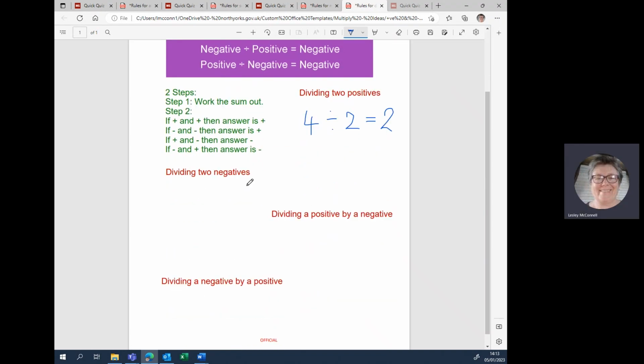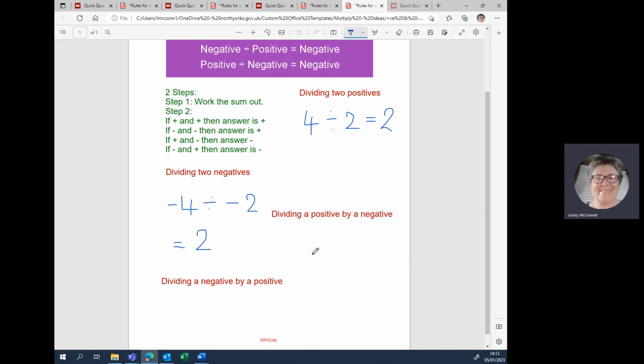Dividing two negatives. Let's have a -4 divided by a -2. Work out the sum. 4 divided by 2 is 2. 2 into 4 goes twice. We've got a minus and a minus, which gives us a positive answer. So our answer is 2.